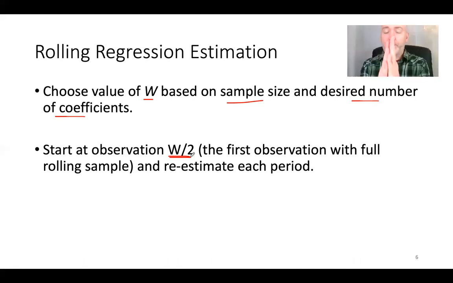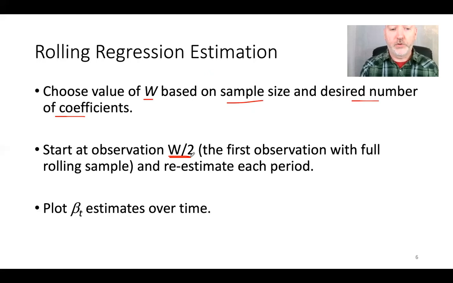The first value of beta hat that's going to come into the sample will be at time period W over 2. We need those first W over 2 observations to represent the beginning of our first local regression sample. So in other words, you're not going to get a beta sub t for every time period in your overall sample. Likewise, the last one is going to be at big T minus W over 2. You've got to preserve those last observations for the local sample.